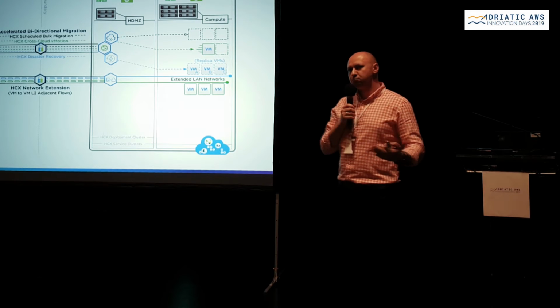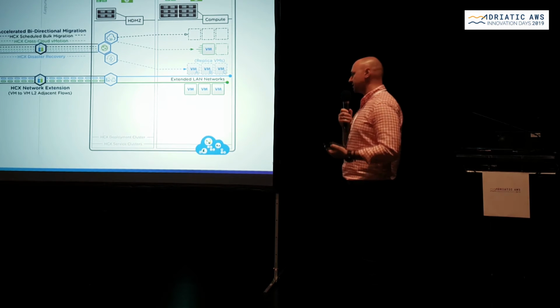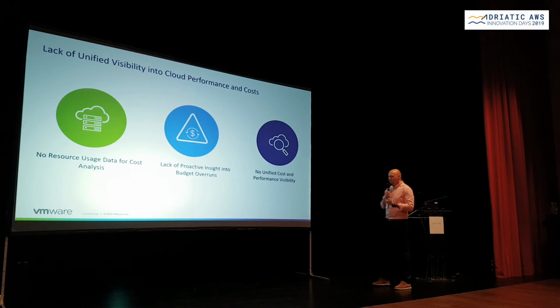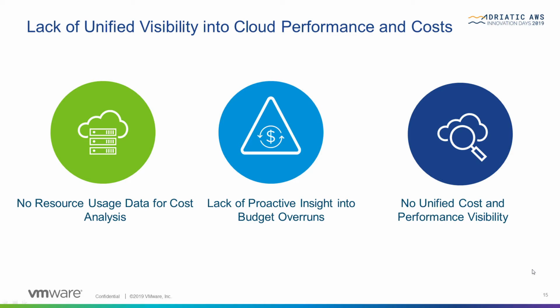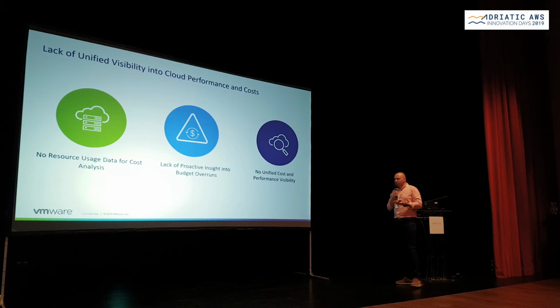Once we have moved to a new environment, and hopefully it's VMC, now we need to think about and worry how we should organize our cloud environments and how we are consuming all the resources which we have. What are the true costs, to get some kind of predictions of how our workload is running inside of different cloud environments?